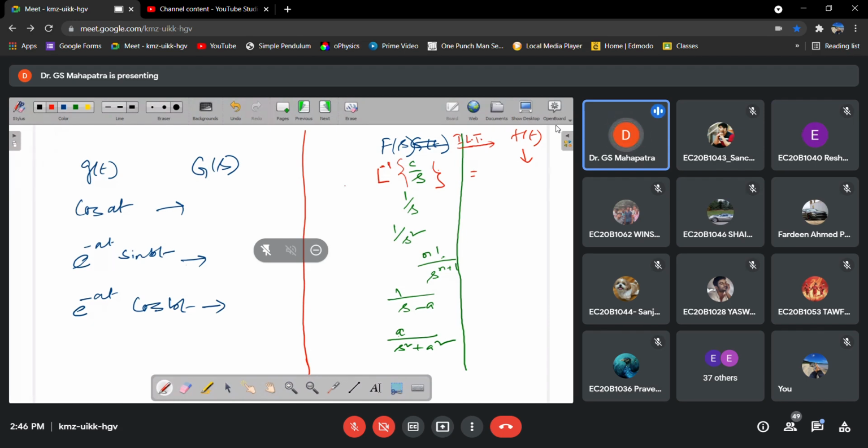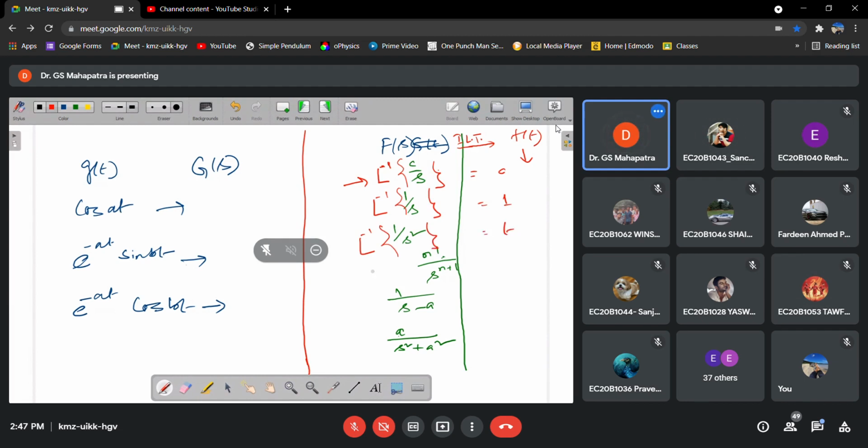What is the answer? So now, Laplace inverse, what is the answer? 1. So you understood now what the Laplace inverse transform is.